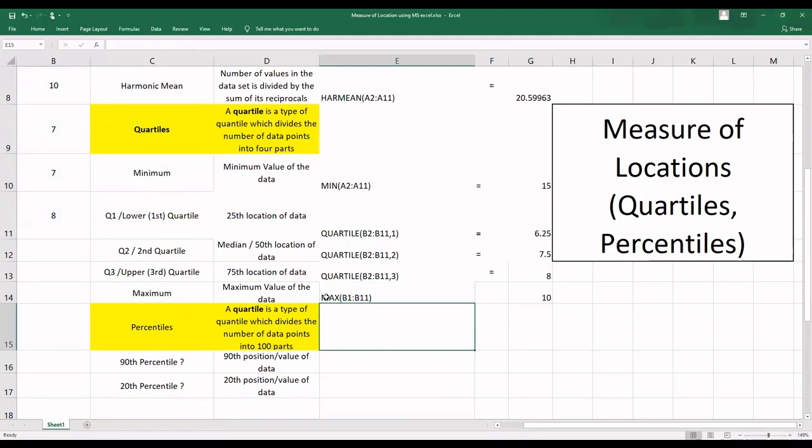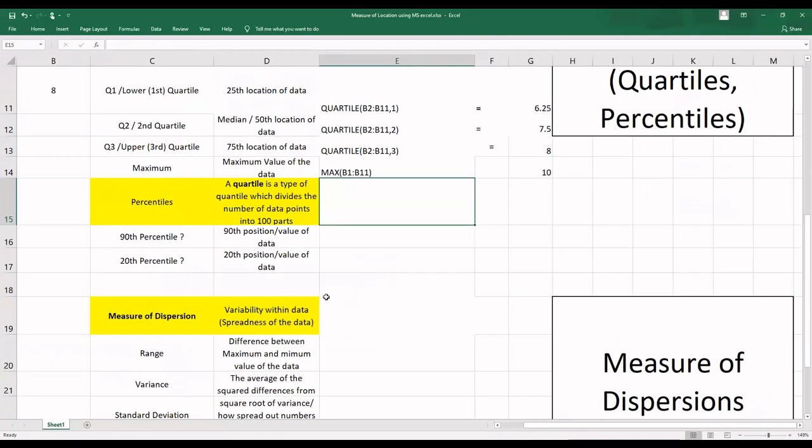The function is here. So next is percentile. If we are dividing our data into 100 equal parts, we can find even the 99th, the 97th, any location by using percentile. So we have a query for the 90th percentile, the 90th location, the 90th value of the data we want to find.